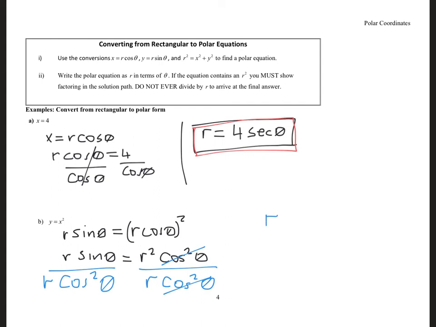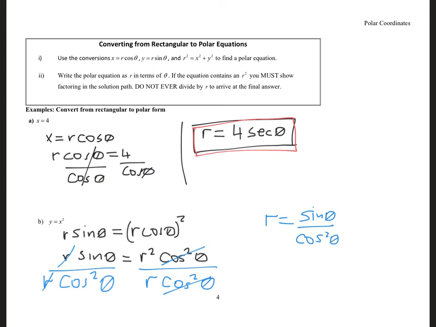So I get r equals sine theta over cosine squared theta.